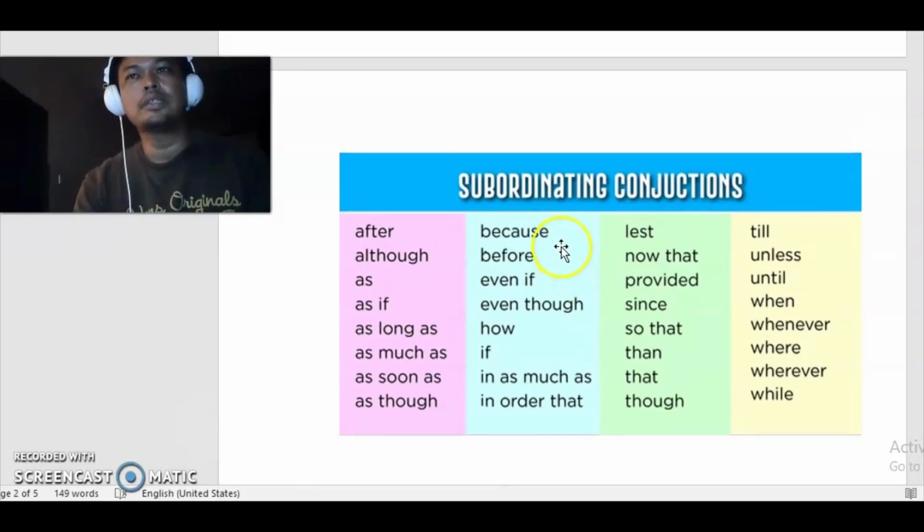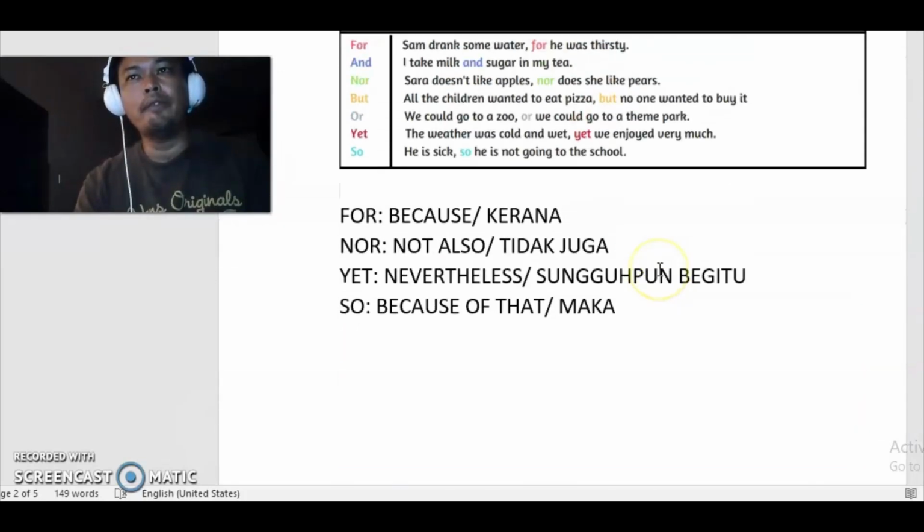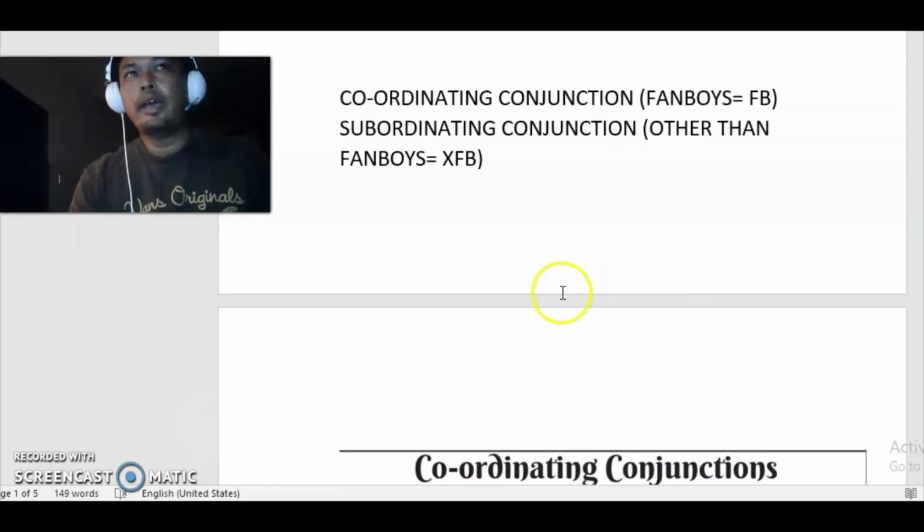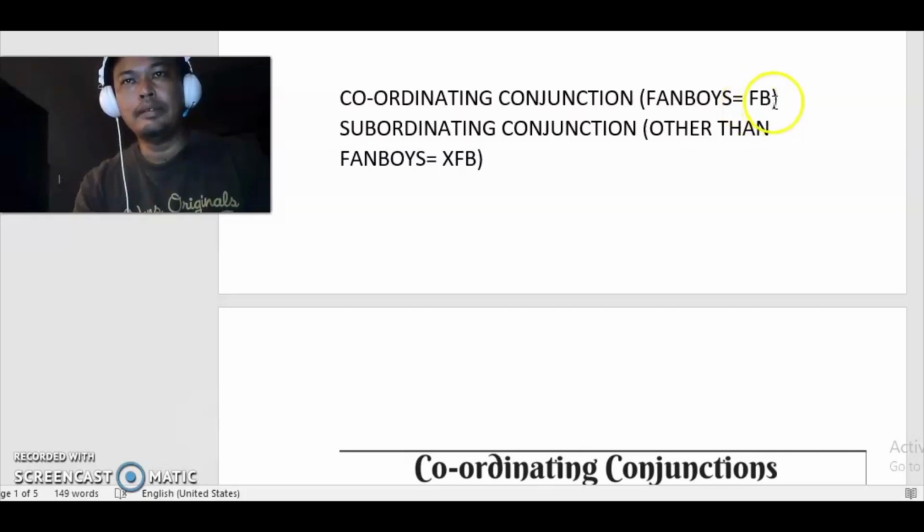From now on, when I refer to coordinating conjunctions, I don't want you to get confused, so I will no longer say coordinating conjunction. Instead, I will call them FANBOYS, or in shorter form, FB.